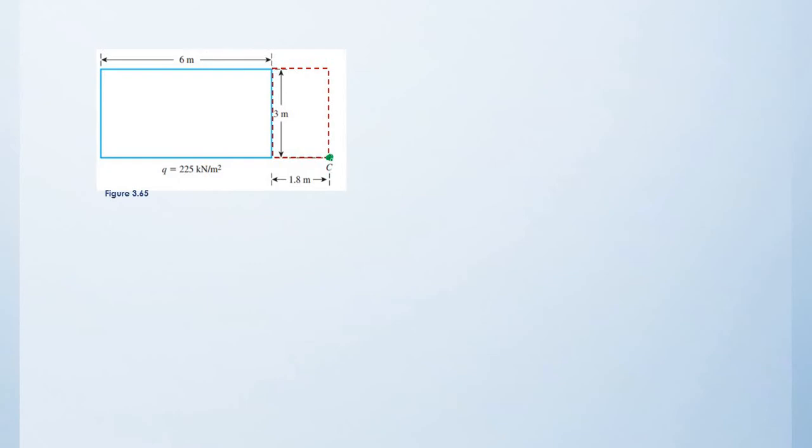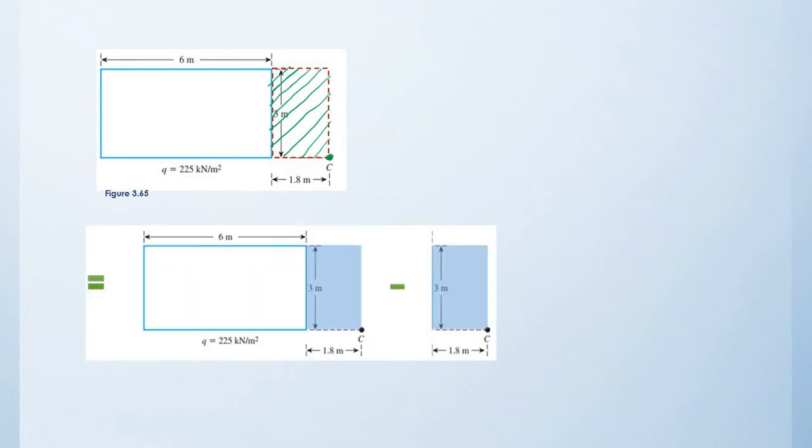And then after which, we will separately analyze the imaginary rectangular load that was introduced. And then eventually, we are going to subtract this imaginary load that was introduced. In short, we analyze the whole rectangle. The blue shaded part is the load that was introduced.